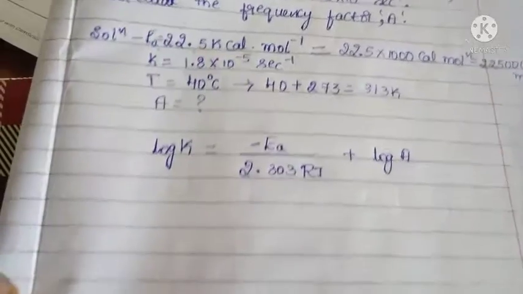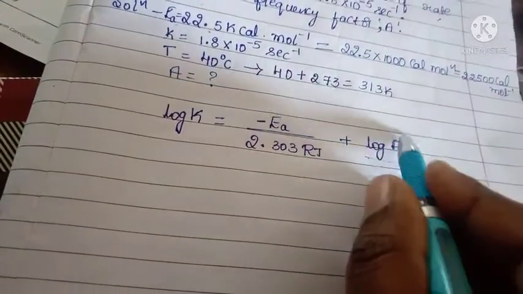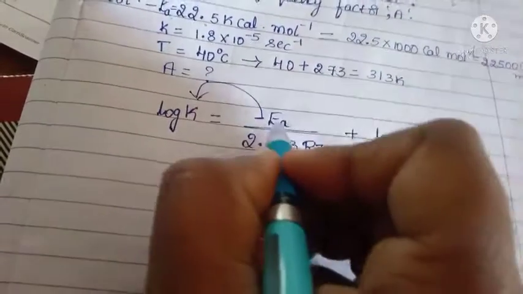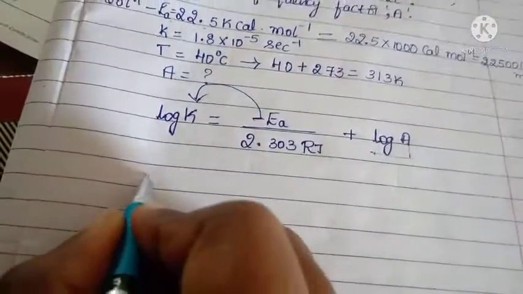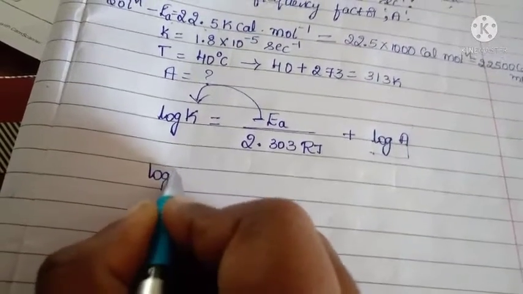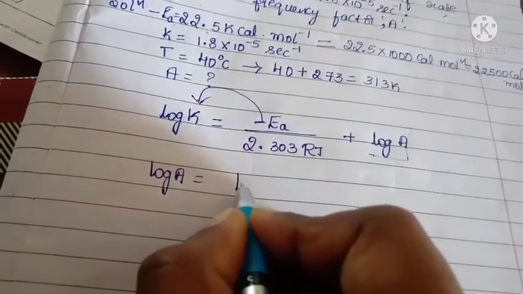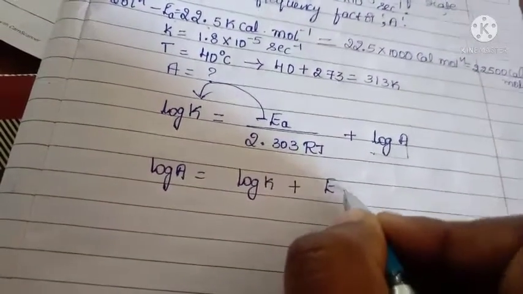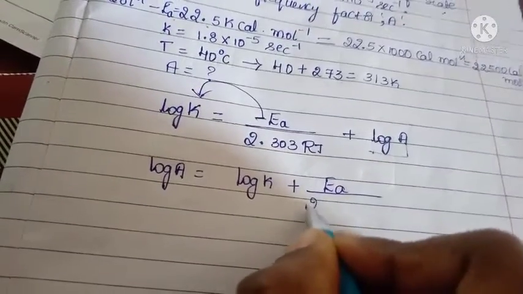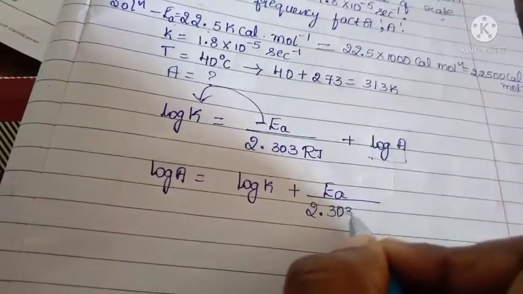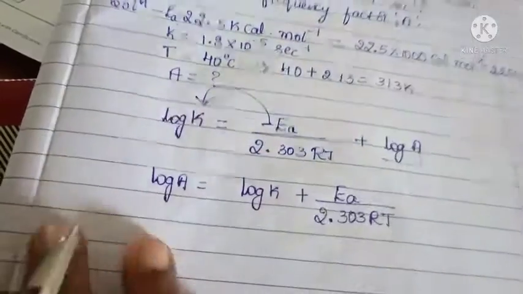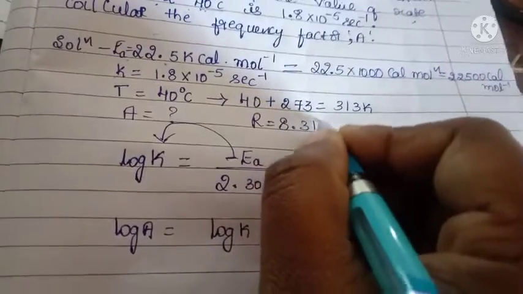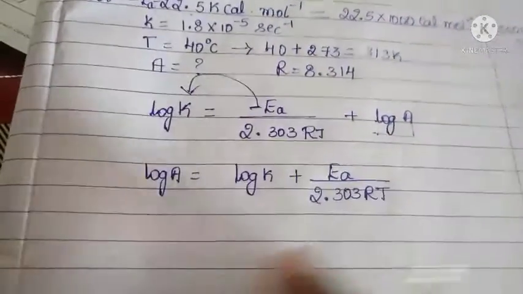Okay, here we have to calculate log A now, so you have to keep this here. So substituting this, the negative value you should convert to positive. So log A is equal to log k plus Ea divided by 2.303 RT. Okay, we know that R value is 8.314. So this is the equation.